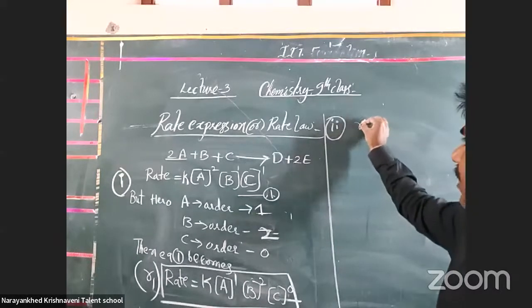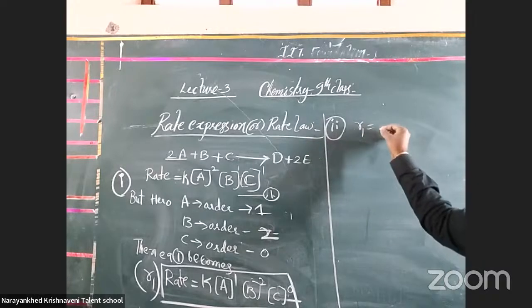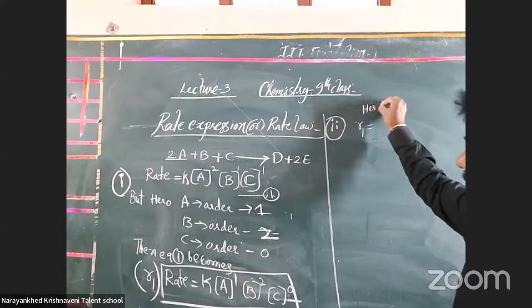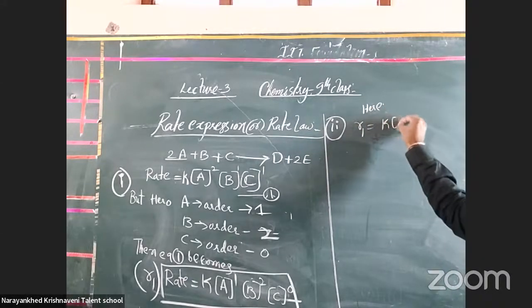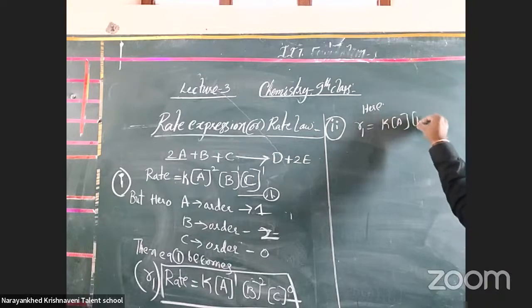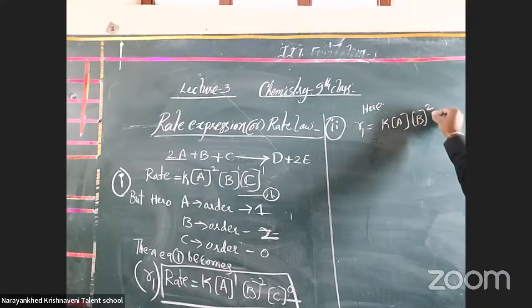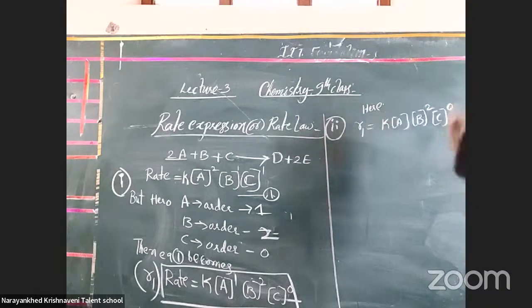The given rate R1 is equal to k into A, B to the power of 2, C to the power of 0. Are these only there or not?